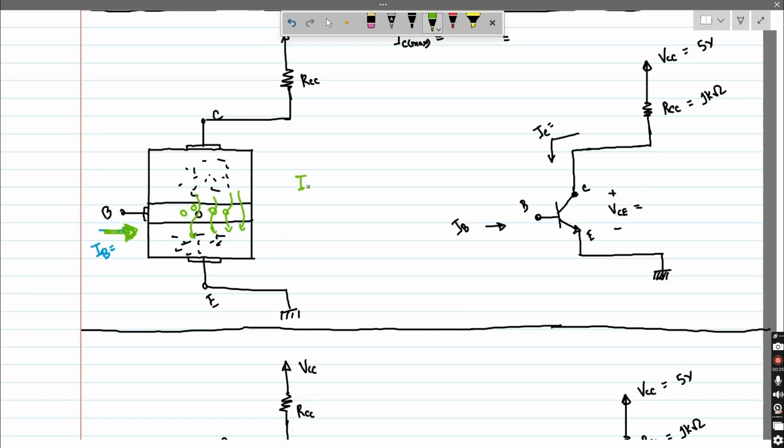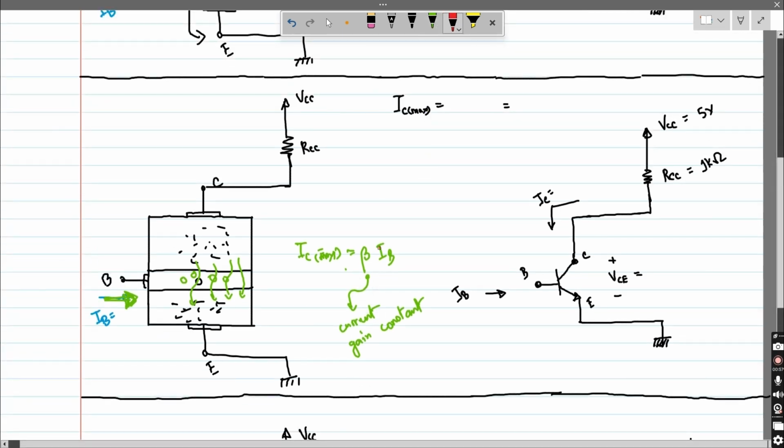This is actually given by the equation IC max = β IB, where β is the current gain constant of the BJT used.